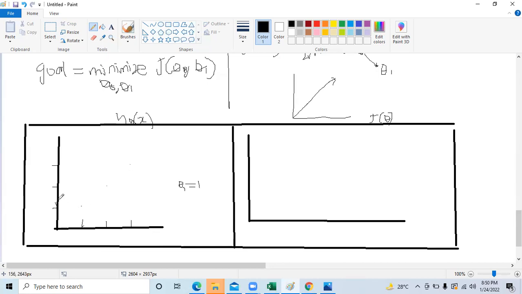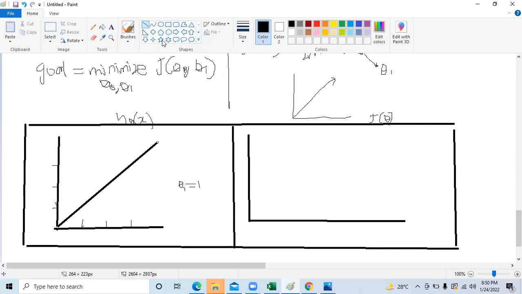We're going to have a model that looks like this. So 1 on the x-axis corresponds to 1 on the y-axis, 2 corresponds to 2, and 3 corresponds to 3. So here our theta 0 is equal to 0 and our theta 1 is equal to 1.